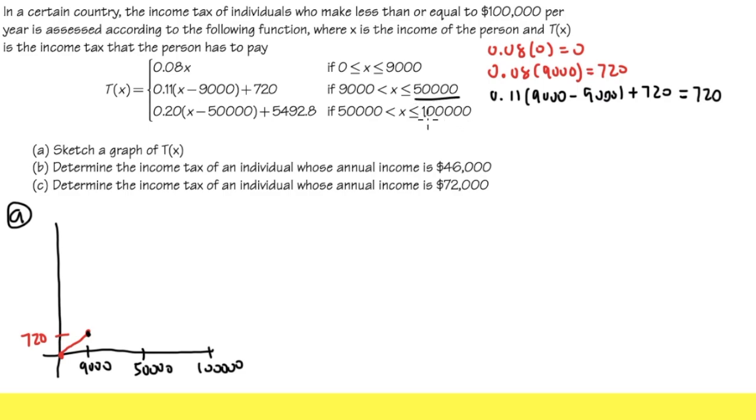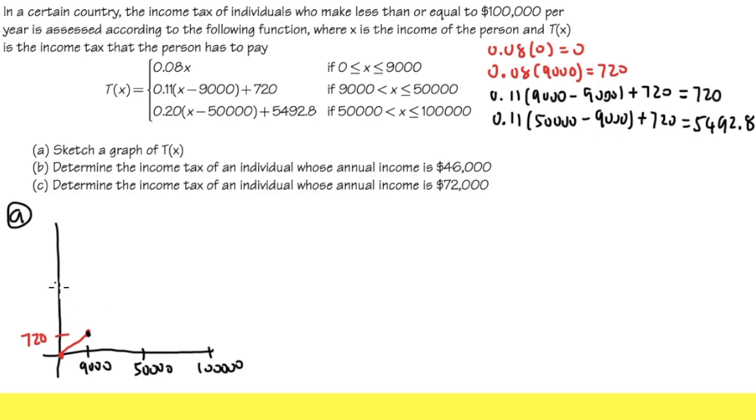We put 50,000 into here. So we get 0.11 times 50,000 minus 9,000, and then we add 720 after that. Use a calculator if you would like, and I will tell you guys the answer is 5,492.8.